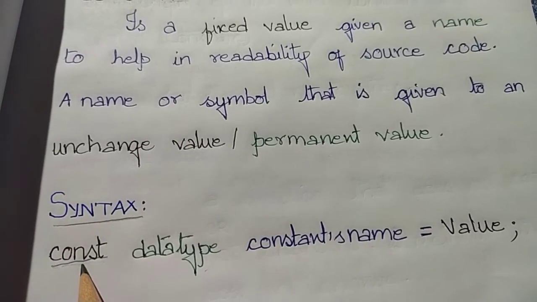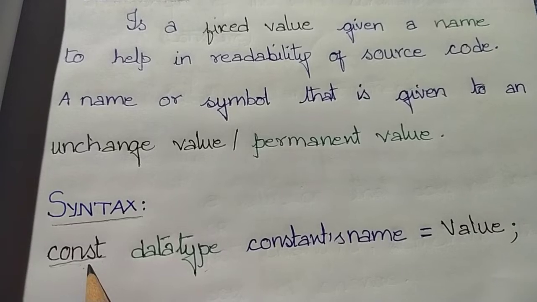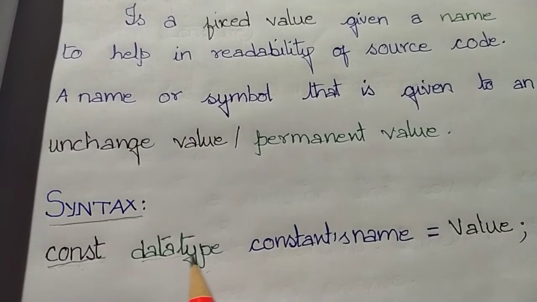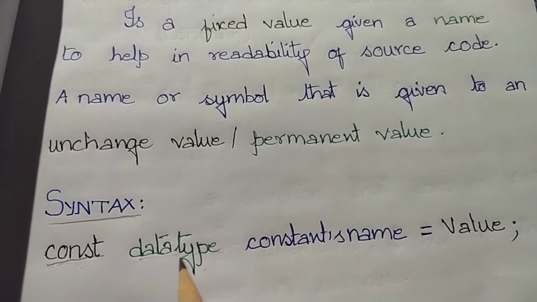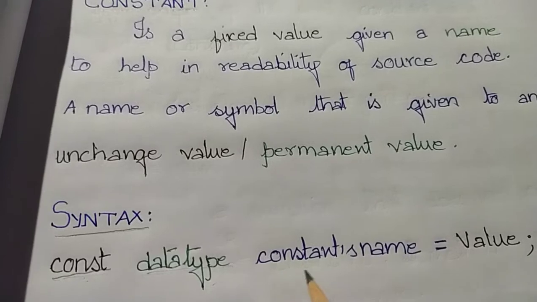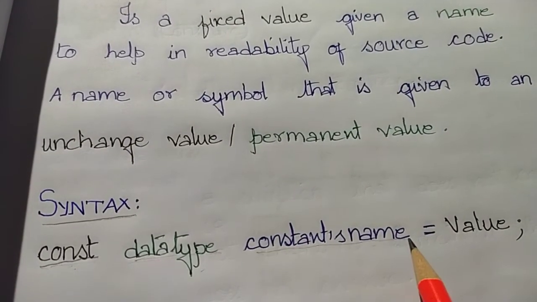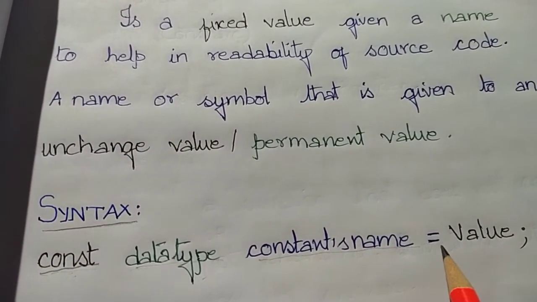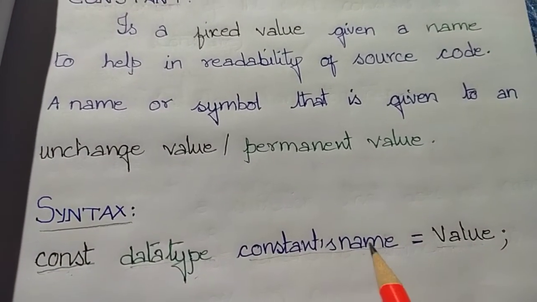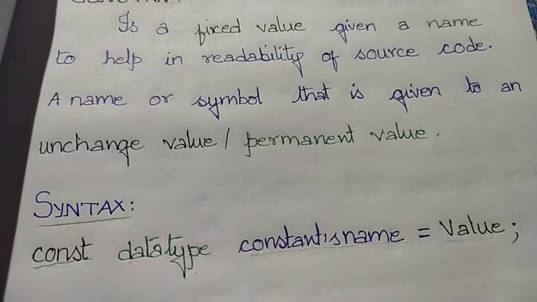This indicates that the value is a constant value. After the keyword const, it is followed by the data type, the type of data that particular value will hold. Then we have to specify the name of the constant, and last but not least, we have to provide the value that the constant will hold.